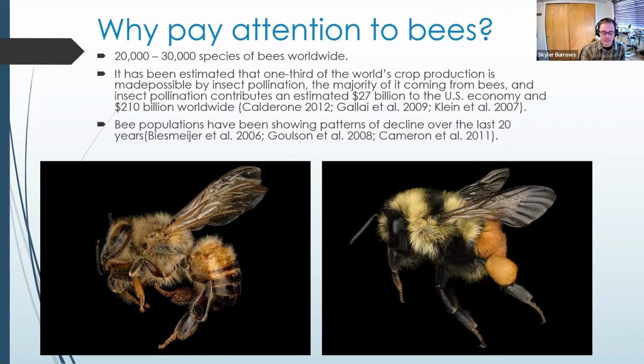Most every other bee in the US are solitary or have really light sociality where they might communally raise their young, but they don't have caste systems. So every single female in our native bee species, except for bumblebees, can lay eggs and create a next generation.